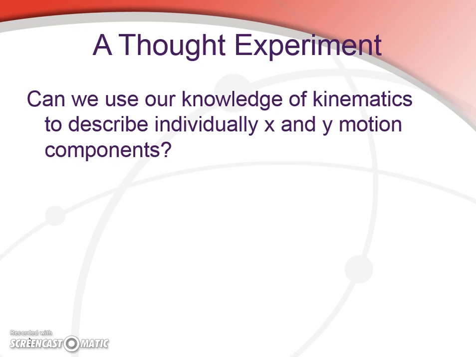Think about the motion of a projectile if we only consider what's happening up and down and what that should look like. If we consider only how a thrown shot put moves down and up, what should be the parameters under which that movement occurs? And similarly, if we only consider how it moves forward, what does that look like? And that's really what we're going to do right here.